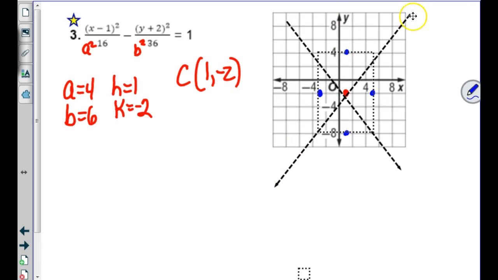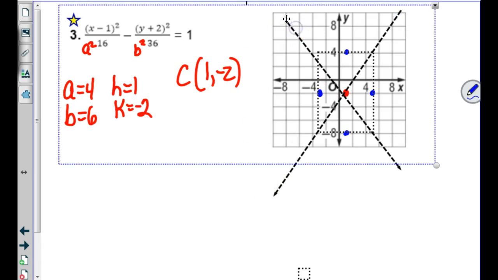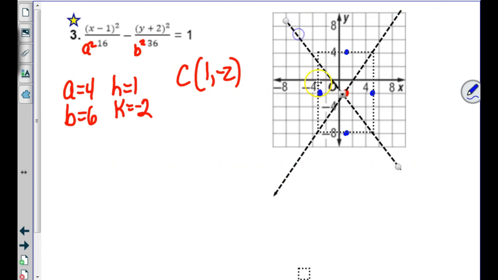You're welcome to use rulers. Not that you have to be 100% accurate, but okay, then what? Which way do we draw this hyperbola? Because the x was the positive, but then it was minus the y squared back here, that tells us it's opening around the x this way. Wow, that was really badly drawn.